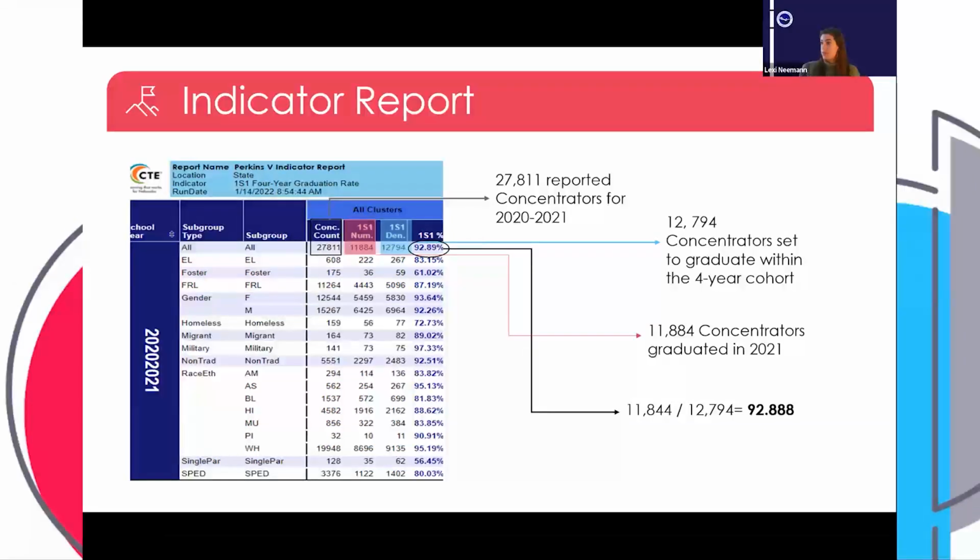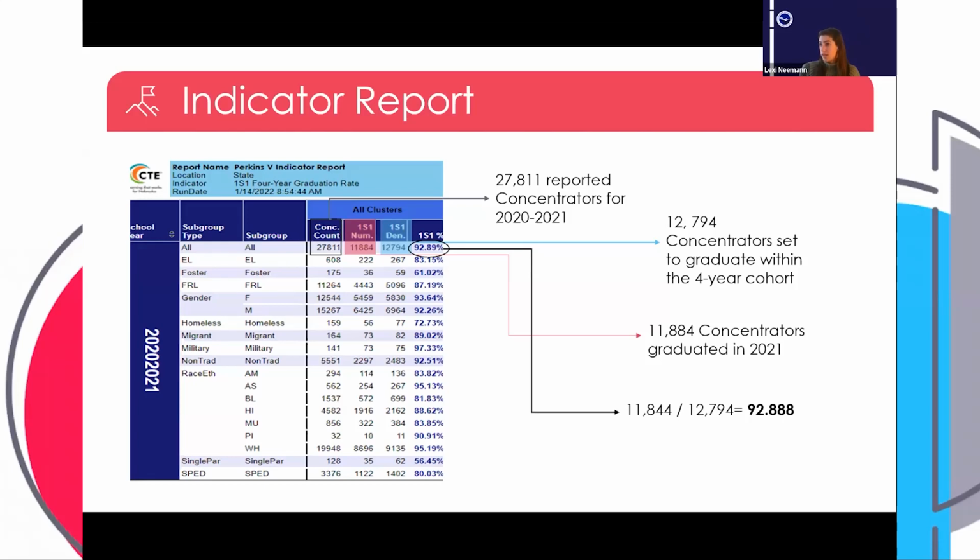That is where we get the 92.8% graduation rate for secondary concentrators in the state of Nebraska. It gives a really good understanding of what students were enrolled where and what their subgroup type is.